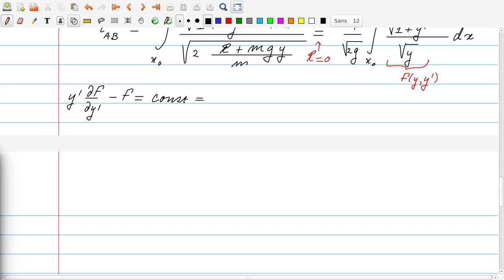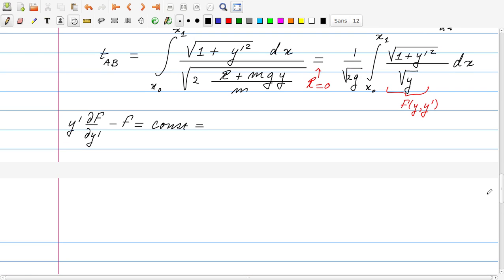In order to find the y of x which minimizes the time, we use the Hamiltonian formalism that we introduced before, and that tells us that y primed times the derivative of f with respect to y primed, minus f, should be constant. And so the f is precisely the integrand of the integral expression. So let's take the derivative of this with respect to y prime.